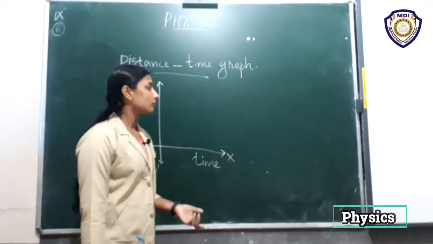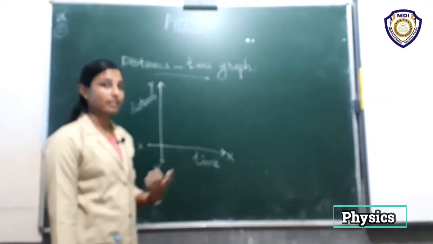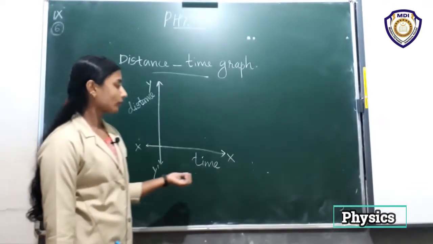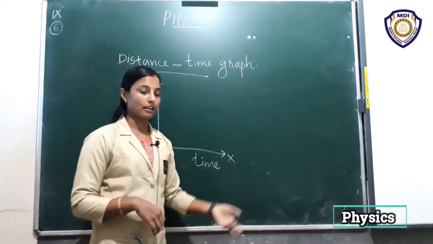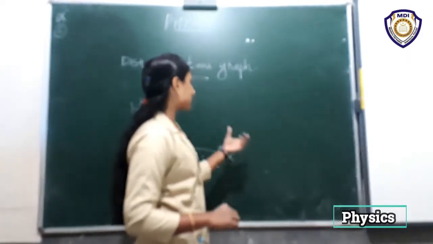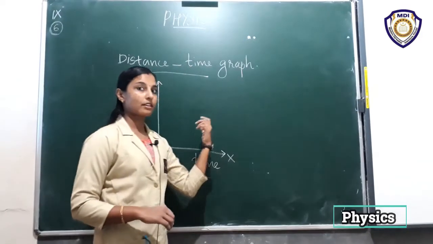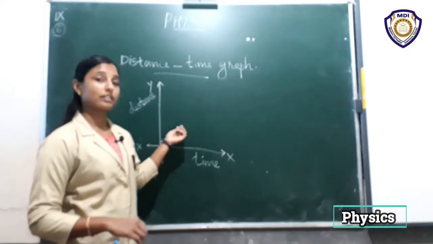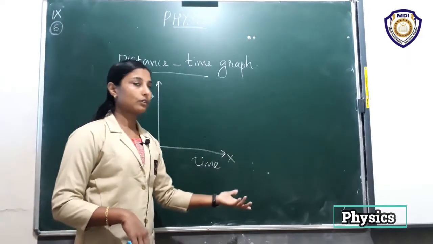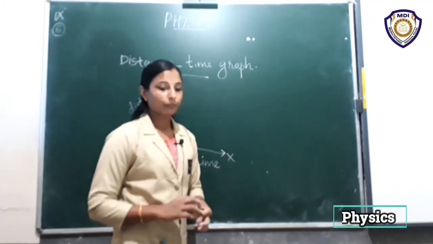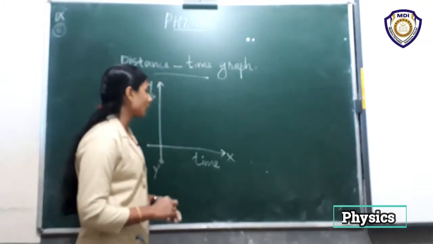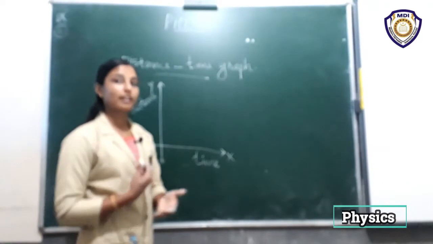So we have to choose a convenient scale, right? What a convenient scale means I will talk about later, right? While we are drawing graphs, I will give you the idea about how we can choose a scale, right?